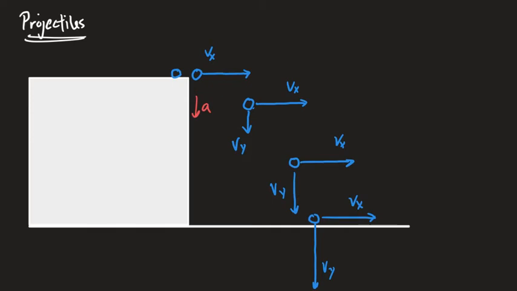So what I suggest we do is, when faced with a projectile, we immediately divide up our problem and create a vertical side. I spelled vertical wrong. A vertical side, yeah, and a horizontal side.